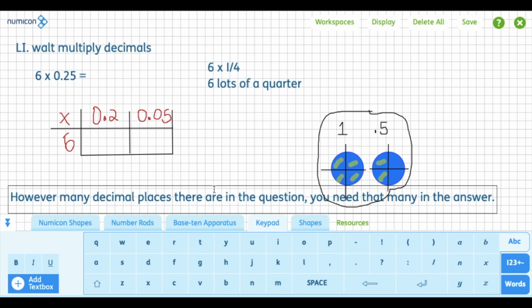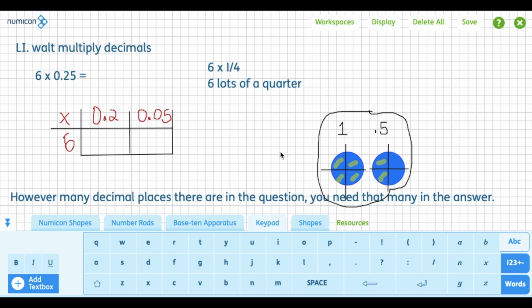It might not make very much sense right now, but it will make sense as we move on. So here we have 6 times 0.2. I don't have any decimal places here, but I have 1 decimal place here. So I need 1 decimal place in my answer.